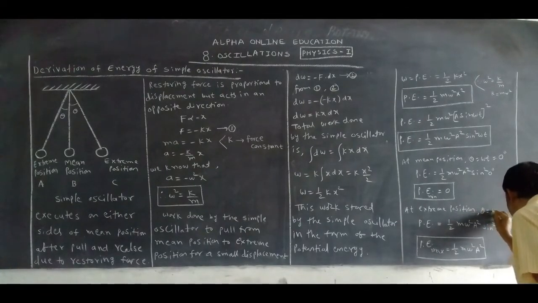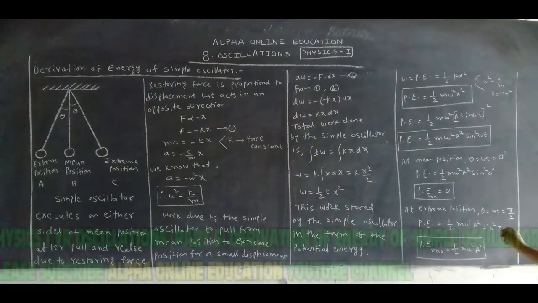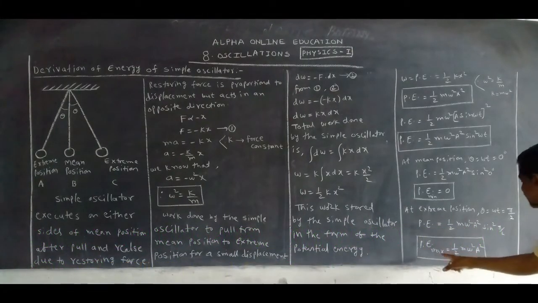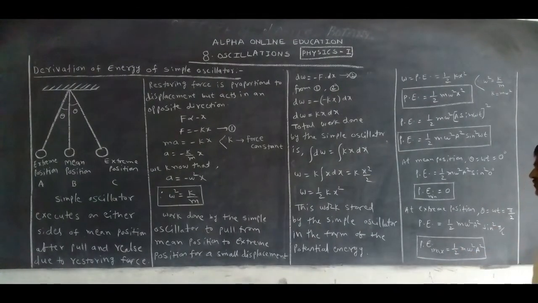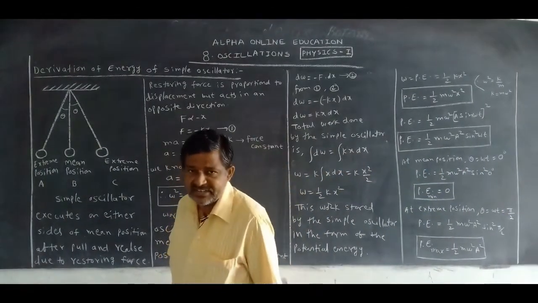Now at extreme position, theta is equal to omega t is equal to pi by 2. Substitute omega t is equal to pi by 2. Sin pi by 2 is how much? 1. That's why what is the potential energy at extreme position? It is maximum, half m omega square A square. Let us take a simple oscillator.